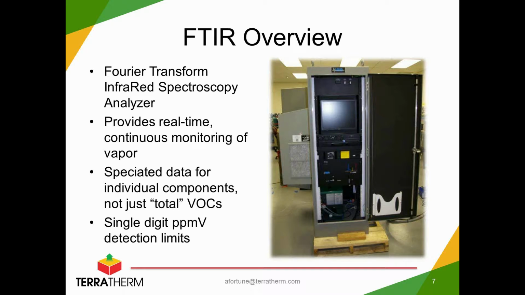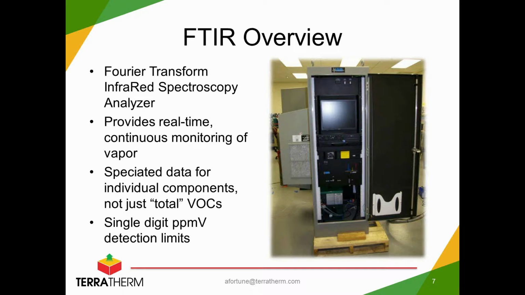One of the main advantages of the FTIR is that we are able to simultaneously measure concentrations of various components that normally would require us to have multiple instruments or multiple lab analyses to measure all the different components. So for example, we can not only measure volatile organic compounds, but we're also able to measure things like methane, CO2, carbon monoxide, HCl, hydrochloric acid, percent water vapor, things of that nature as well.